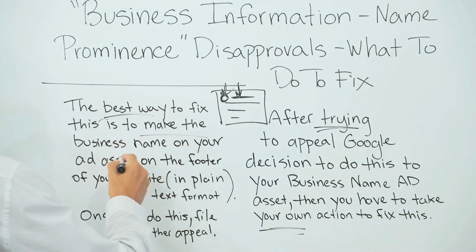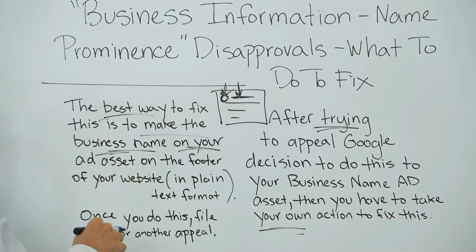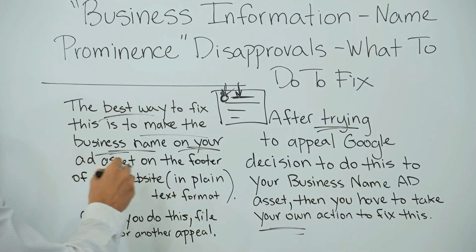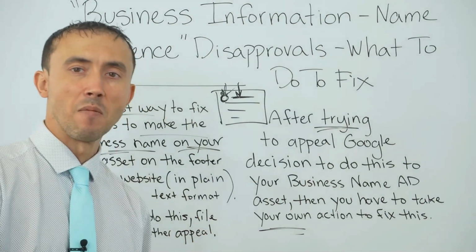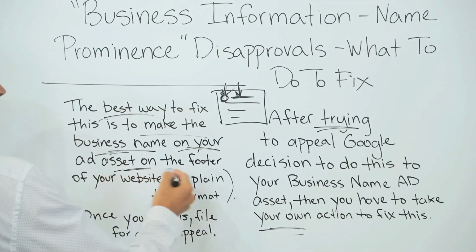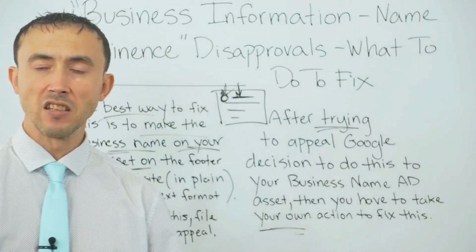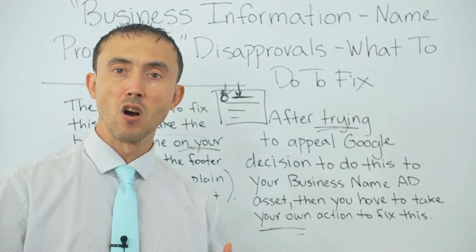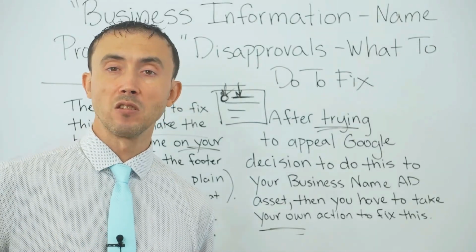So the best way to fix this ad disapproval reason is to put the business information, the business name that's on the business name ad asset, on the website. Since your business name might be John and Sons, and that might not be directly in your logo, it might just be, let's say, Johnny's in the logo, which is what caused this in the first place.